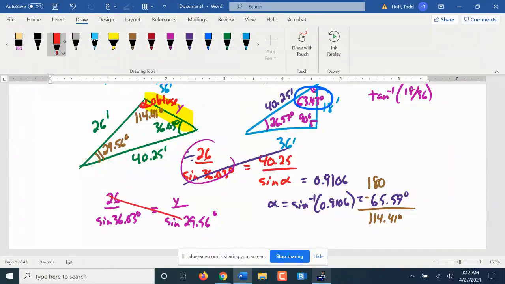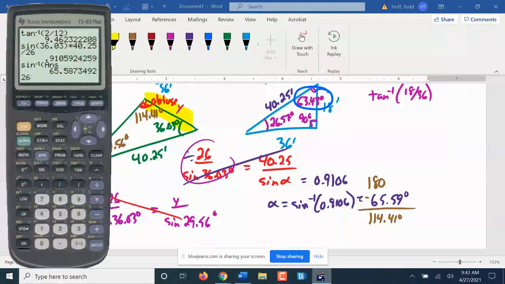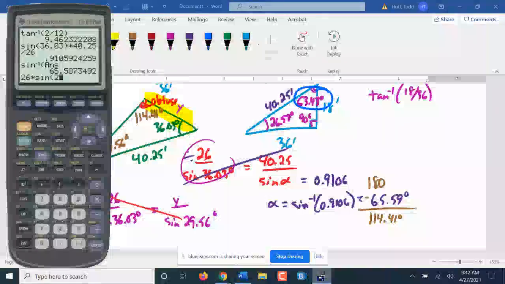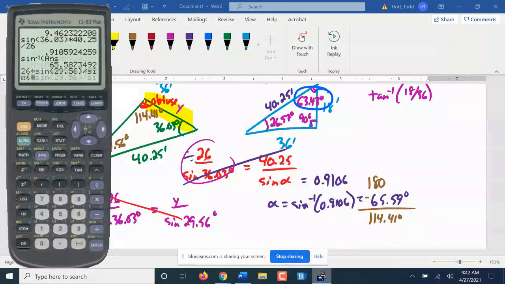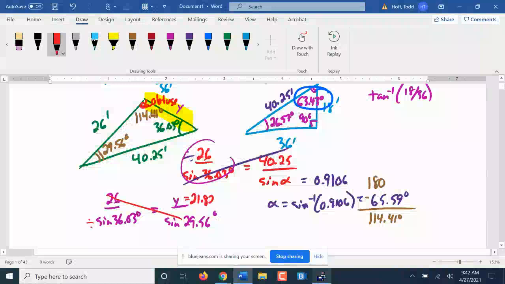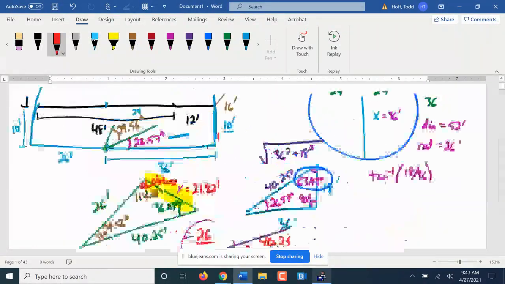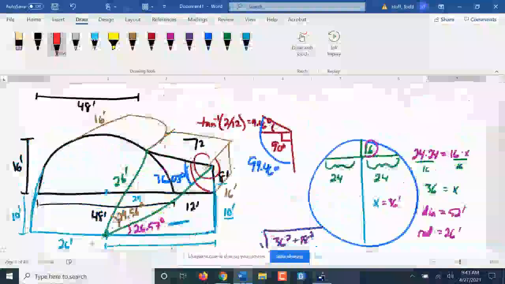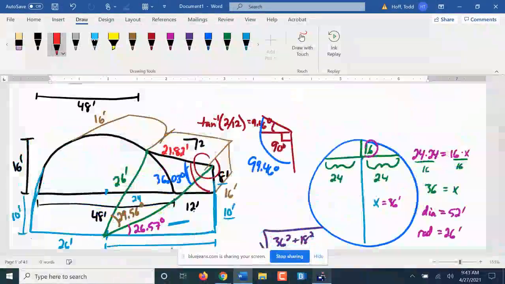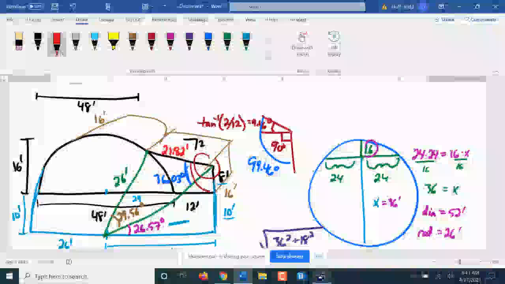So we'll cross multiply and divide here. 26 times the sine of 29.56 divided by the sine of 36.03 gives us 21.82 feet. So we'll label that just so we have it for later.